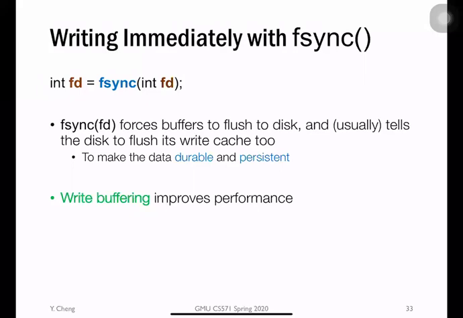And whenever the in-memory buffer is full, the operating system triggers a flush operation to the disk. But you can also, as a user, manually call fsync to manually enforce this data flush from the memory to the disk. Okay.